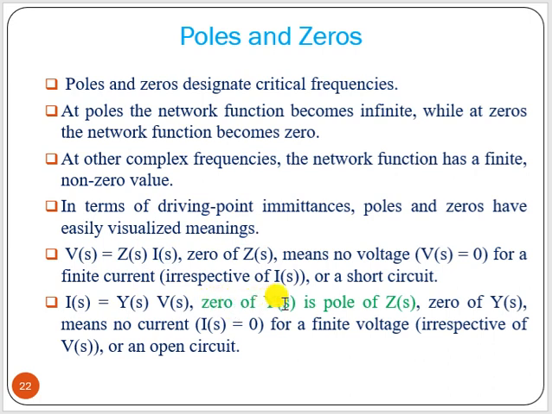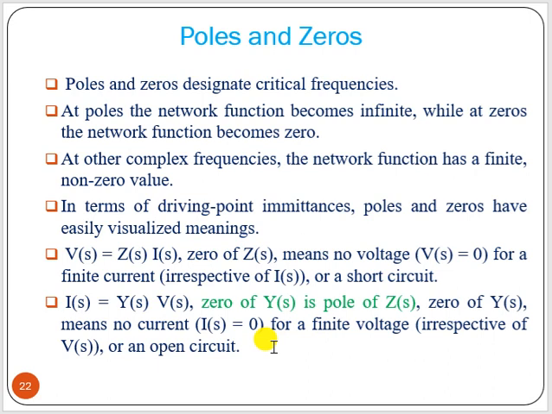Zeros of Ys make Ys equal to 0. If Ys equal to 0, then Is equal to 0 irrespective of the voltage. Now Is equal to 0, that means an open circuit.